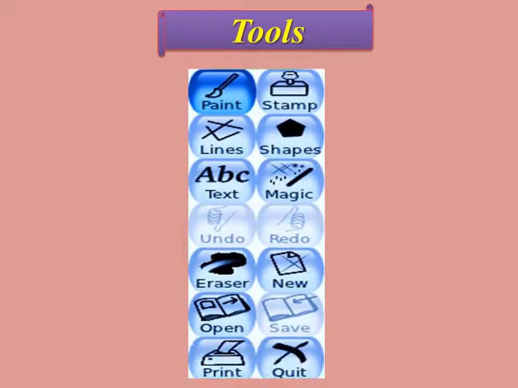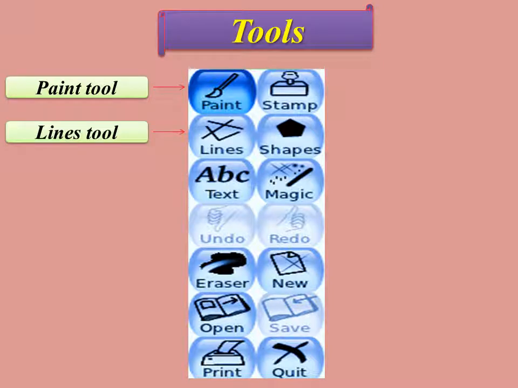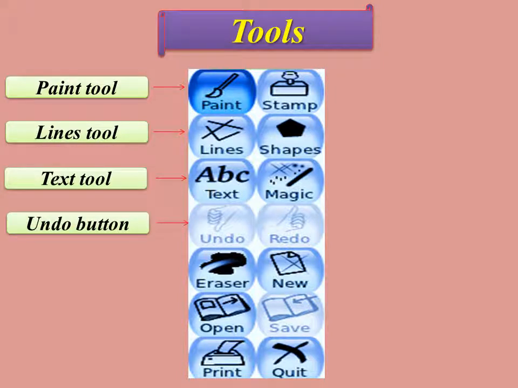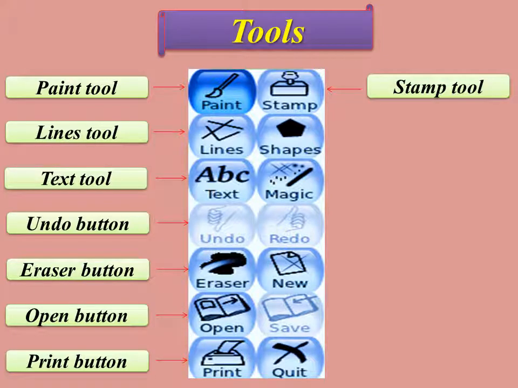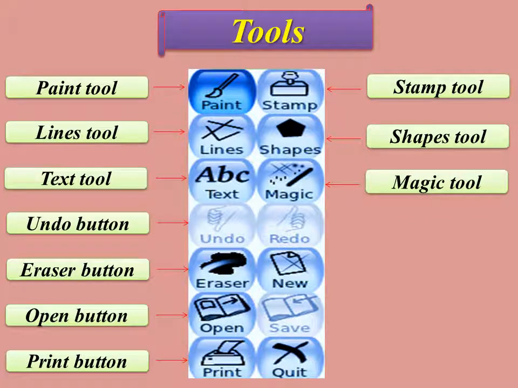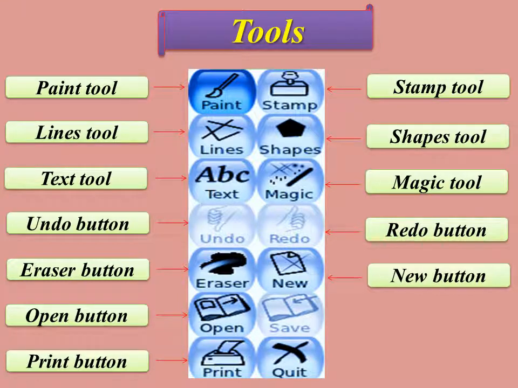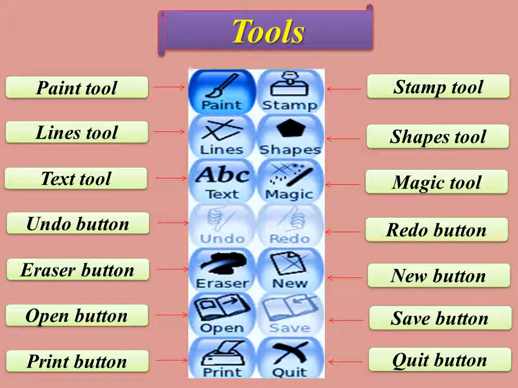They are Paint Tool, Lines Tool, Text Tool, Undo button, Eraser button, Open button, Print button, Stamp Tool, Shapes Tool, Magic Tool, Redo button, New button, Save button and Quiet button.